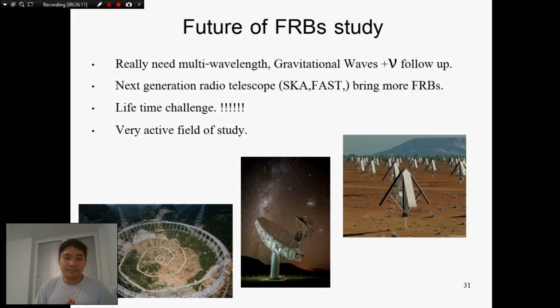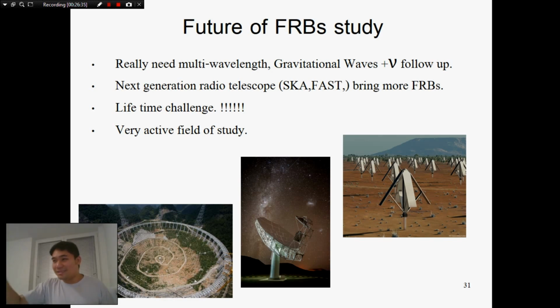And so I will come to the future of FRB study after this paper. So now we know where it is. It's not like before, when we had to follow up by putting all the telescopes pointing to the same direction in the sky and hoping that we detected the FRBs.